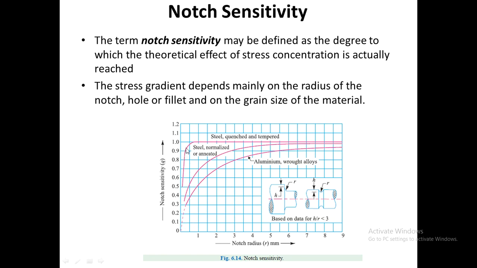For steel, the notch sensitivity is not much dependent on the notch radius. For almost all the different notch radii, the notch sensitivity is similar. For aluminium and normalized or annealed steel, the notch sensitivity changes with respect to the notch radius. As the radius keeps increasing, the sensitivity obviously keeps increasing.